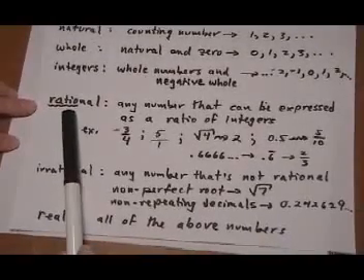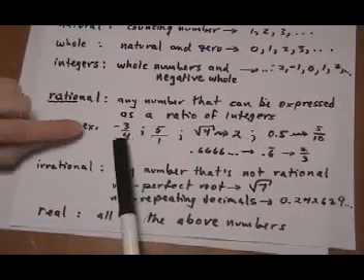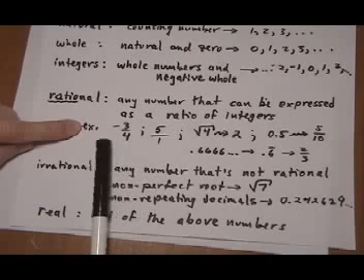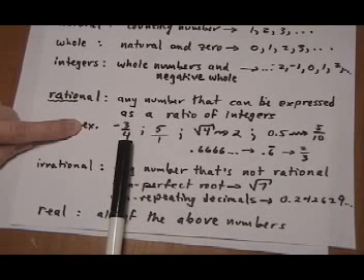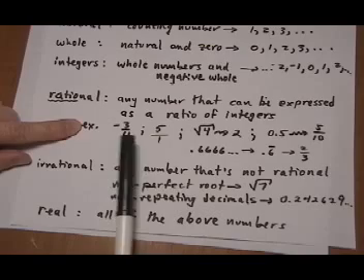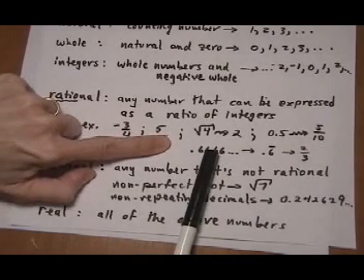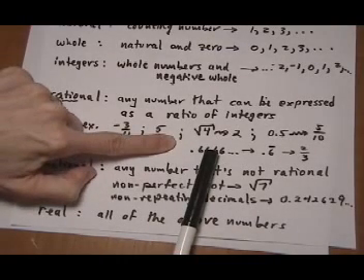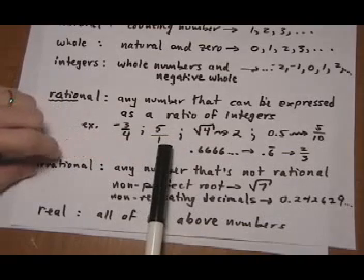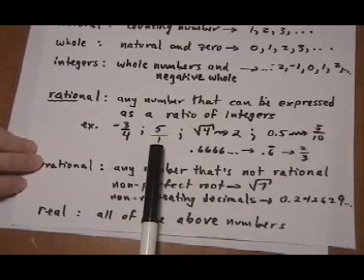So if you have a number and it can be expressed as a fraction, then it's going to be a rational number. For example, minus 3/4. That is a ratio of integers. It's a rational number. The number 5, if it wasn't written as a fraction, well, you can always write a number over 1. So 5 would be a rational number.